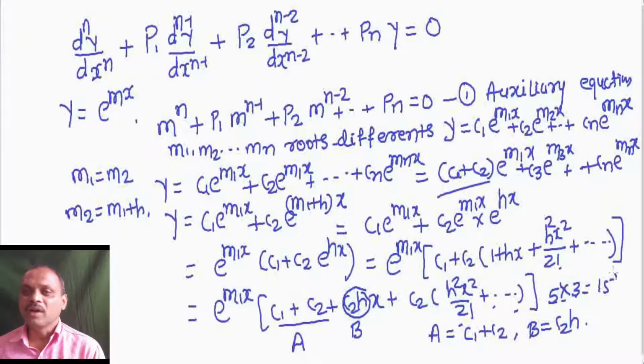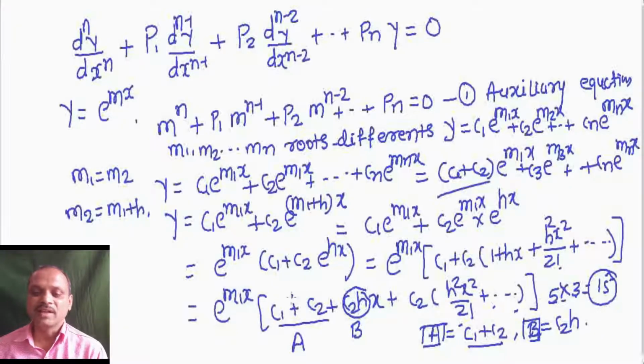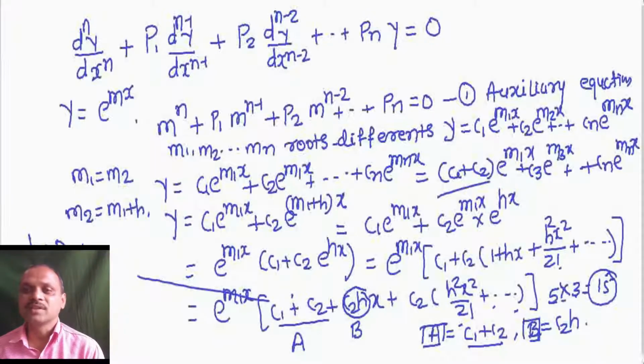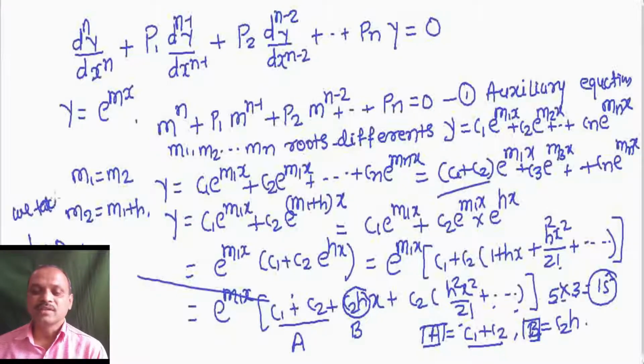So we get a new number, which I have denoted by capital B, and for these arbitrary constants I have taken new arbitrary constants, capital A and B. We adjust the higher terms in such a way that as h tends to 0, A equal to c1 plus c2 is constant and B is finite. As h tends to 0, we take A and B in such a way that A and B will be finite.